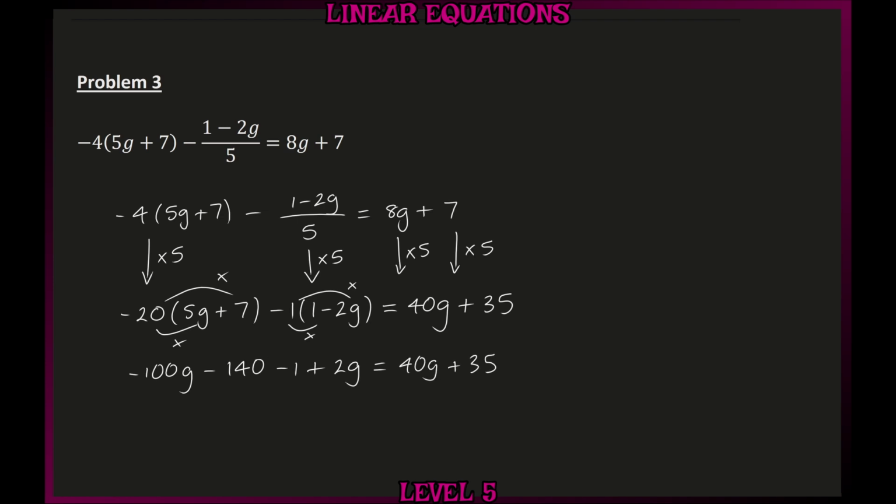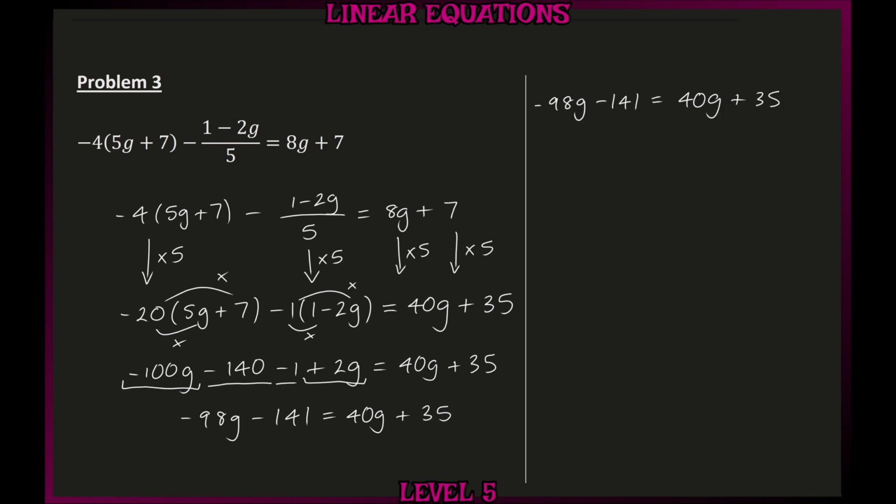Now staying on the left, we can simplify by collecting together the like terms. So we have a minus 100g and a plus 2g, which gives us minus 98g, and minus 140 minus 1 gives us minus 141, and that's equal to 40g plus 35.